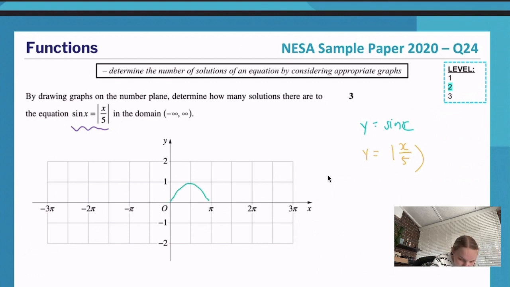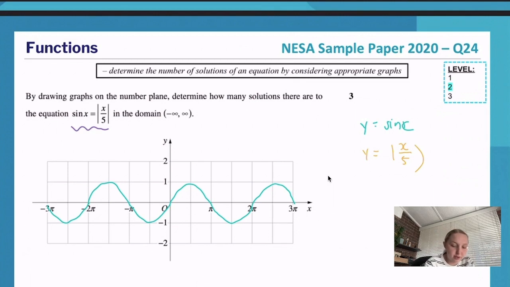Let's see if I can graph this nicely. Okay, I feel like you guys are going to get the vibe. Actually, I'll complete this. That's that for our graph of y equals sine x.